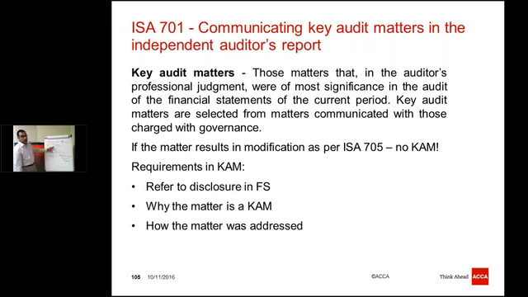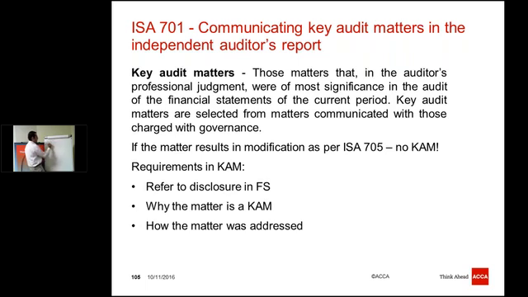So, where should it go? In this case, it would go to the key audit matters. This is a resolved matter and it will go into key audit matters. Now, what do I have to disclose with regard to the key audit matters? What I do is put in a title within my audit report of key audit matters, and then I put in each of the key audit matters.